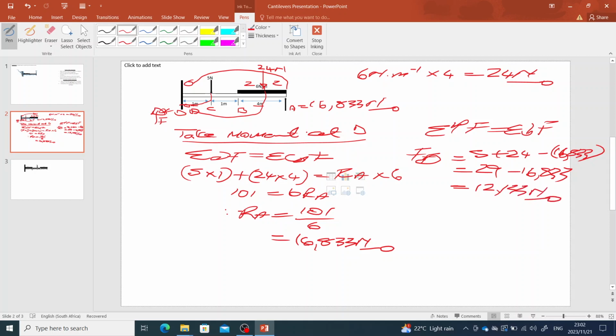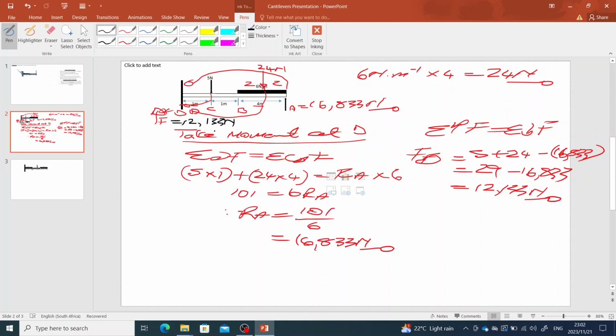I've now determined the force on the fixed point, and the force on the fixed point is 12.133 Newton. When you add the two, you must get 29. 16.833 plus 12.133, I get my answer as 29. Did I calculate it right?